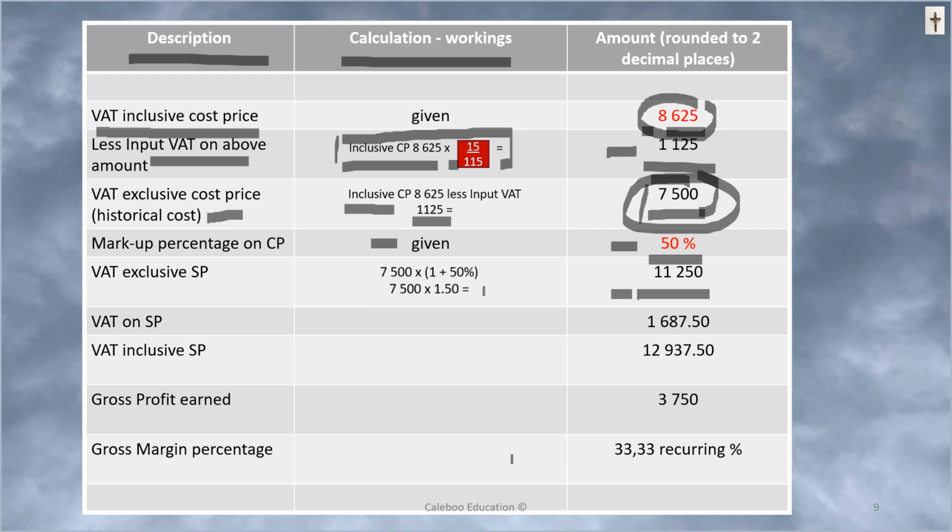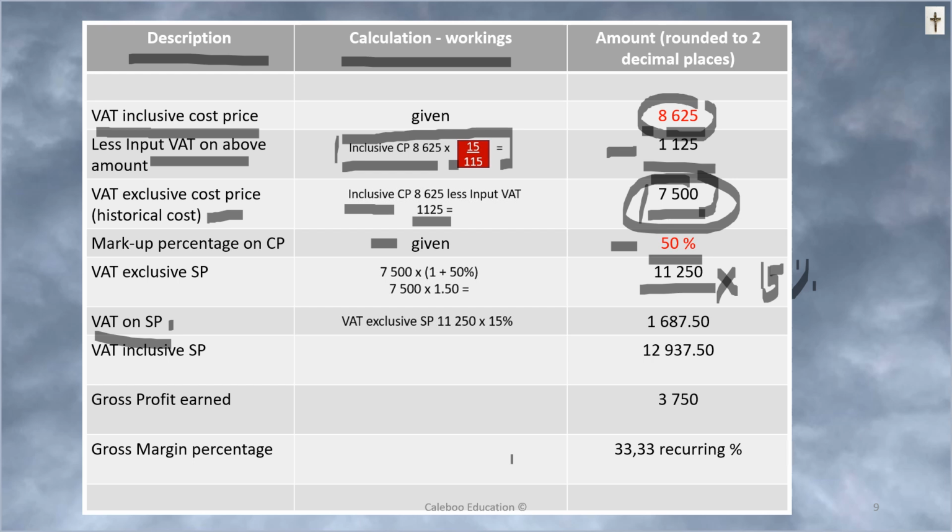What is the VAT on the selling price? The selling price, excluding VAT, is 11,250. If I want to add VAT, I can multiply by 15% and then add it, but I'm going to show you a quicker way. Not really. So I want the VAT on the selling price.